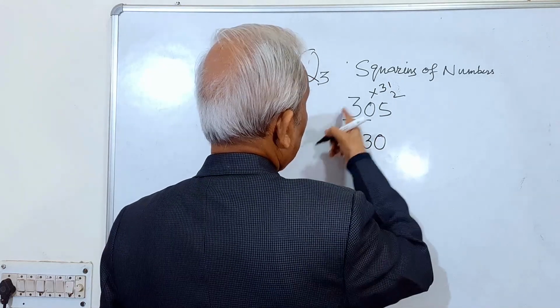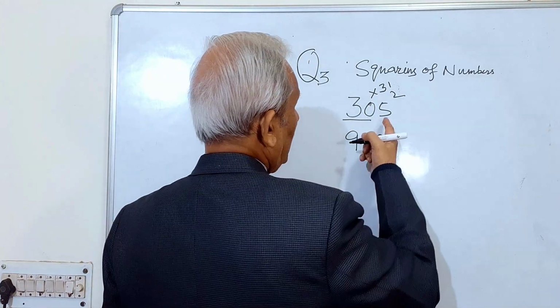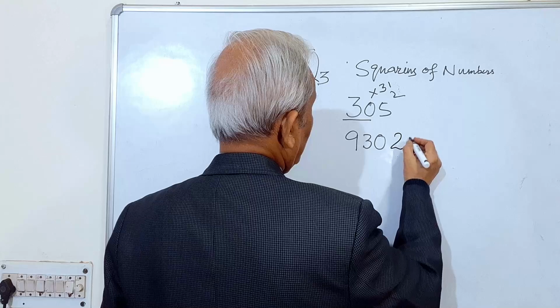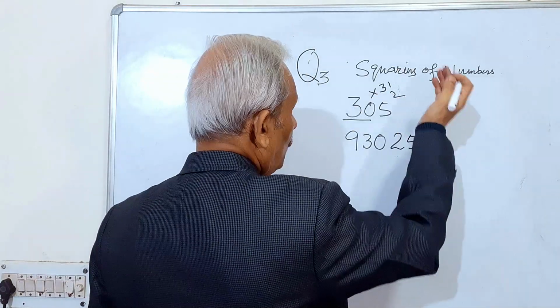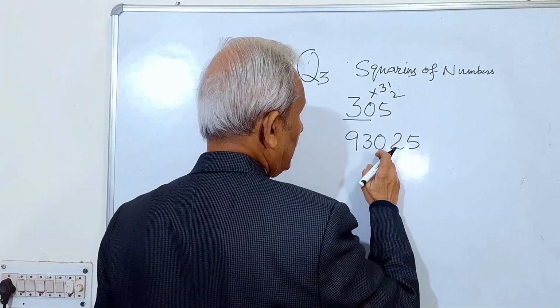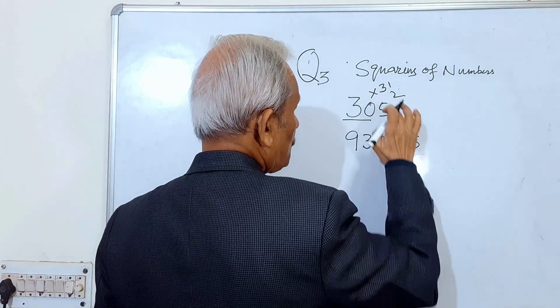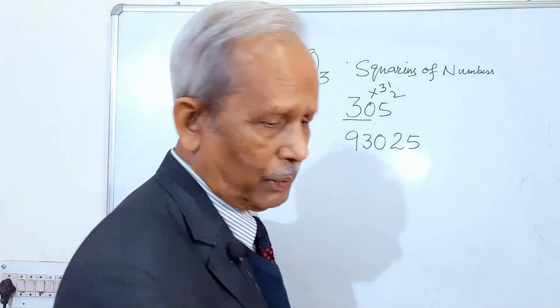Right? Just multiply 3 by 31 and then add 0. 930 and 5 square is 25. So the answer is 93025. One more than 30 is 31. 30 into 31 is 930, and then 5 square is 25, so the answer is 93025. Quite simple.